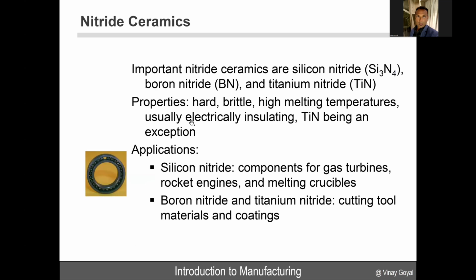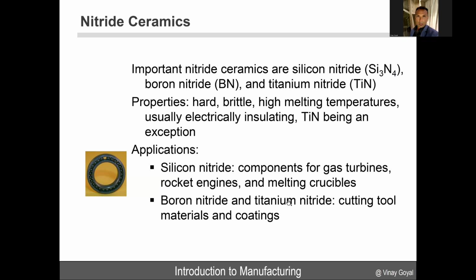Now, looking at nitride ceramics, important nitride ceramics are silicon nitride, boron nitride, and titanium nitride. Properties include hard, brittle, high melting temperatures, usually electrically insulating, and titanium nitride is an exception. Applications include silicon nitride, for example, used in components for gas turbines, rocket engines, and melting crucibles, but also you may see them in ball bearings.